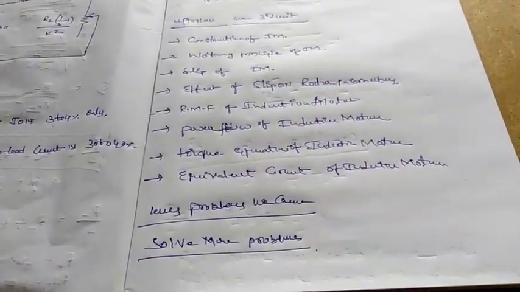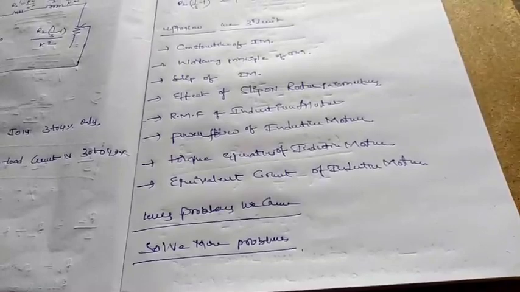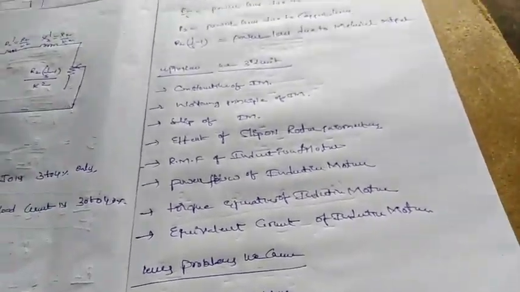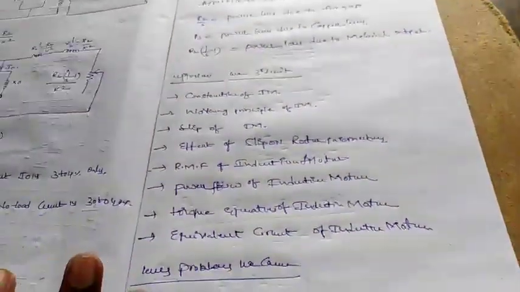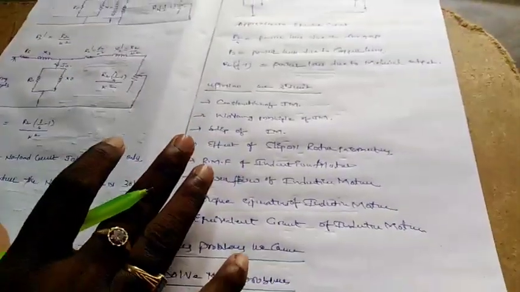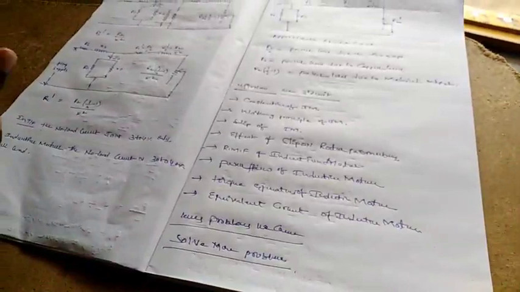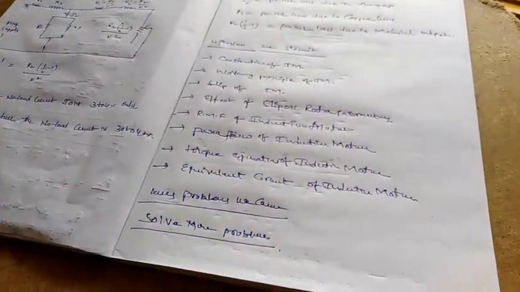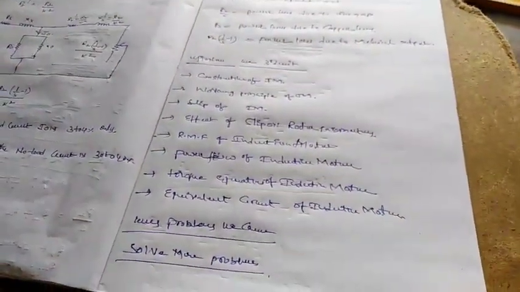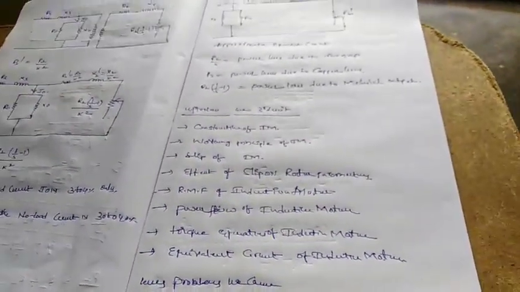Because a transformer is a static device, there is no physical rotation. An induction motor is a rotating device, so here we open circuit the rotor, and for the blocked rotor test we short circuit the rotor so that it does not rotate, take the values and calculate the efficiency.